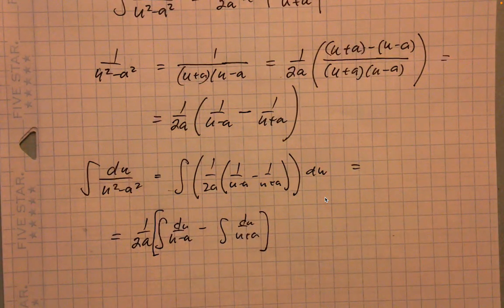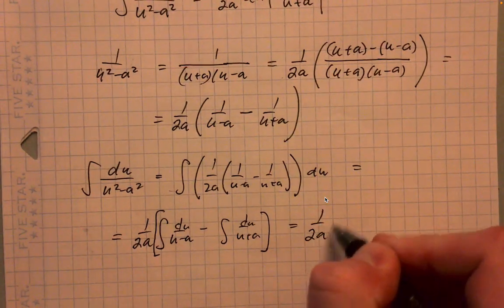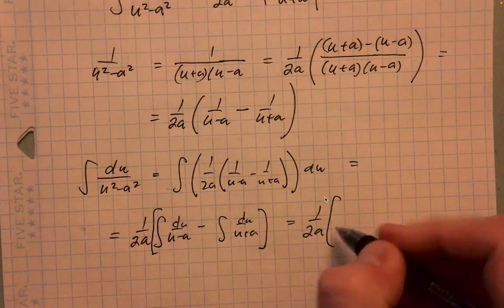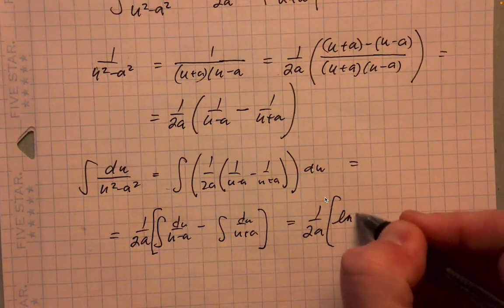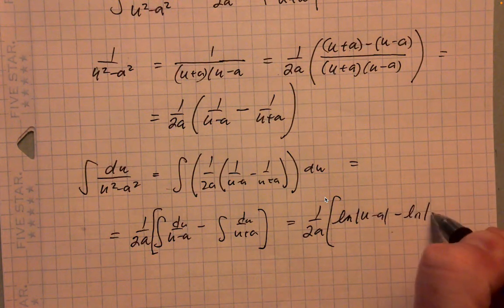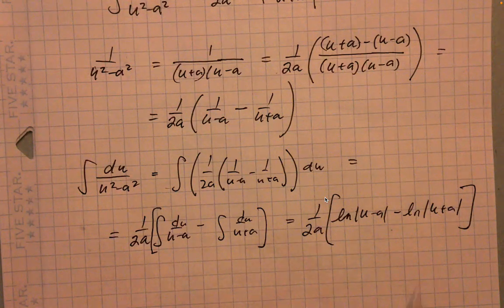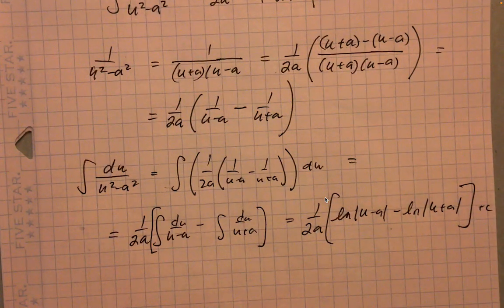Right, like so. Yeah, and so then this one is really easy to integrate. We've got 1 over 2a, and then this is just the natural log of u minus a minus the natural log of u plus a. Okay, and then plus c, of course, on the end.